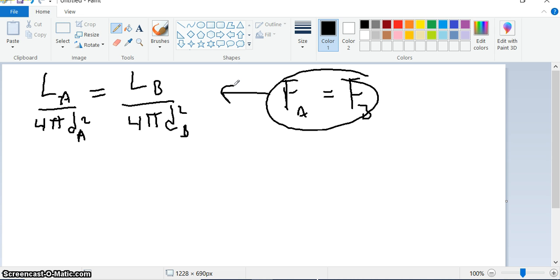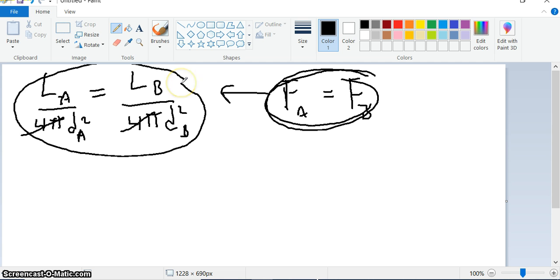The reason we can write that is because it says they are observed to have the same apparent brightness. Right away, if you have these two equations, the 4 pi cancels. So this right here is the equation that we're going to work with.